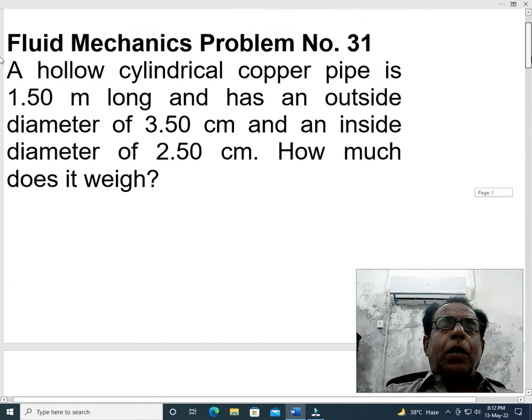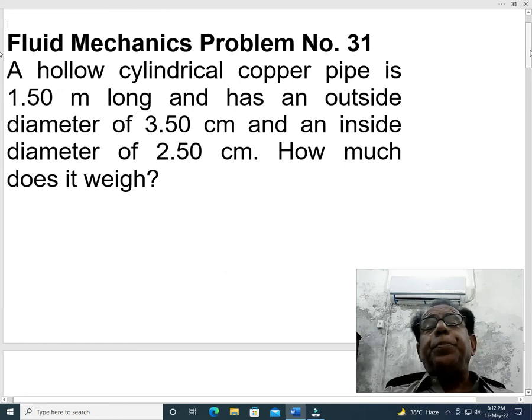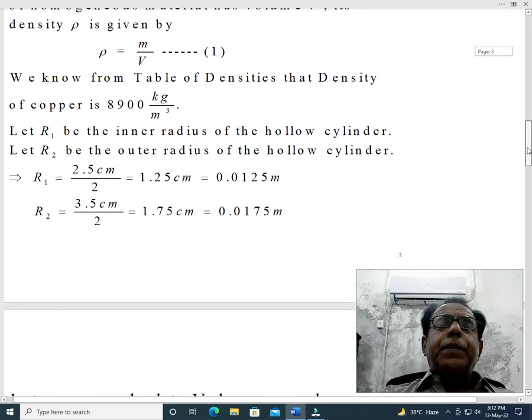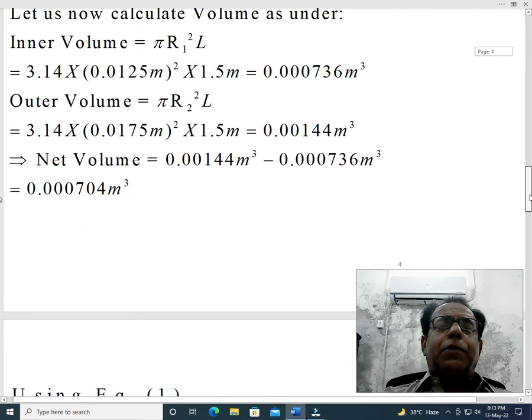How 1.5? 1.5 meter long. A hollow cylindrical copper pipe is 1.50 meter long. So this is L, 1.5 meter. While the formula which we have shown includes H, and H and L are equivalent terms, so according to the nature of the problem we can slightly modify our formula.